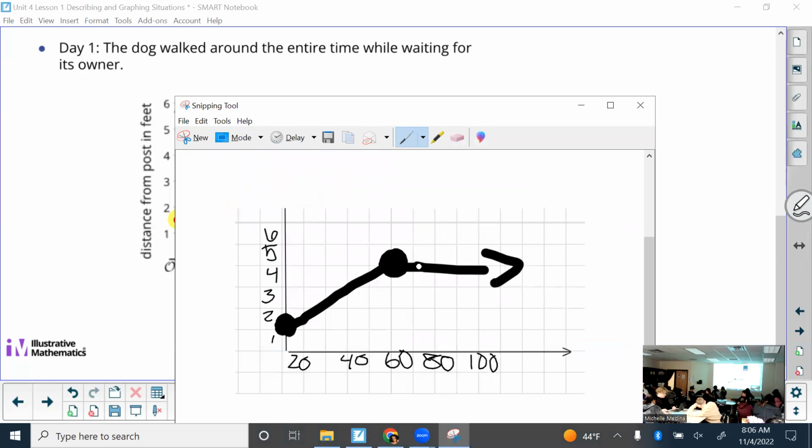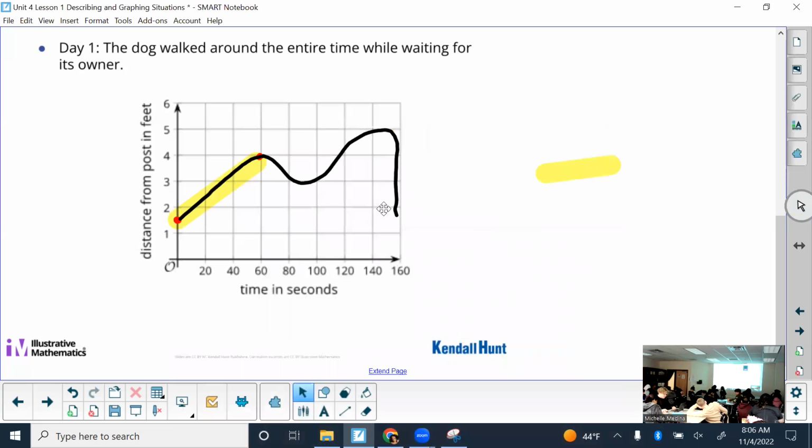It could be that he was consistently walking in a circle completely 4 feet around the post at all times. But it kind of looks like he just laid down. So that would be my only critique there, is make it look like a constant movement. But otherwise good. We had the main part that needed to be on all the graphs. So this could be open to interpretation.